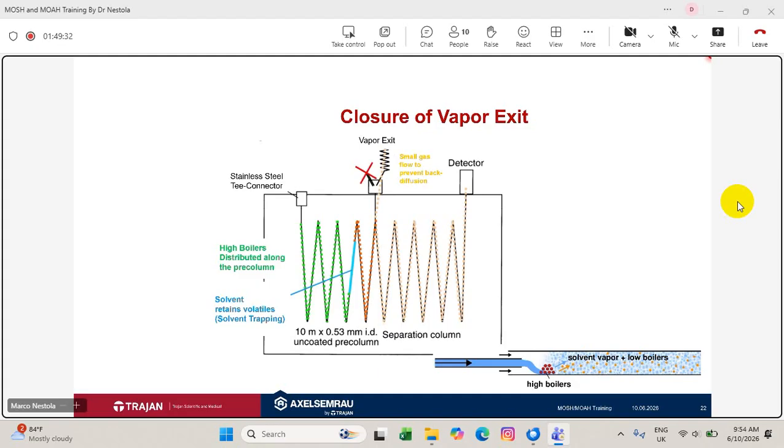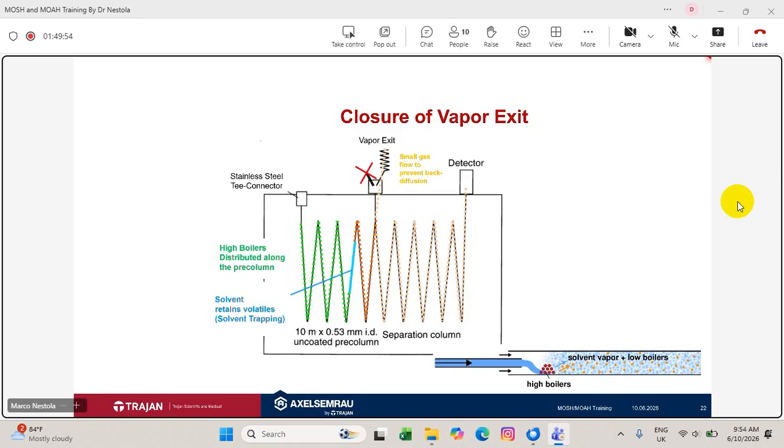We have now more or less done a separation on the first column here. We have our high boilers spread in this part, and we have our compressed flooded zone in this area here.